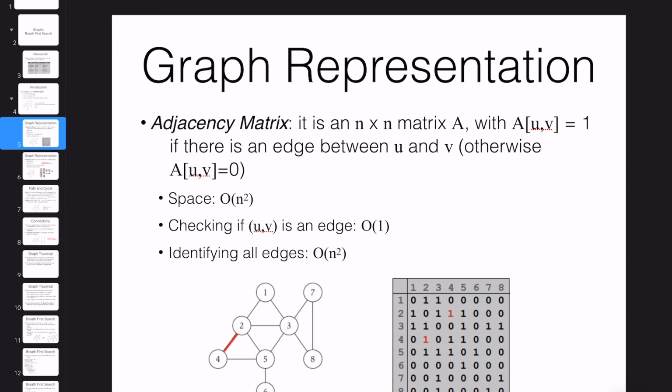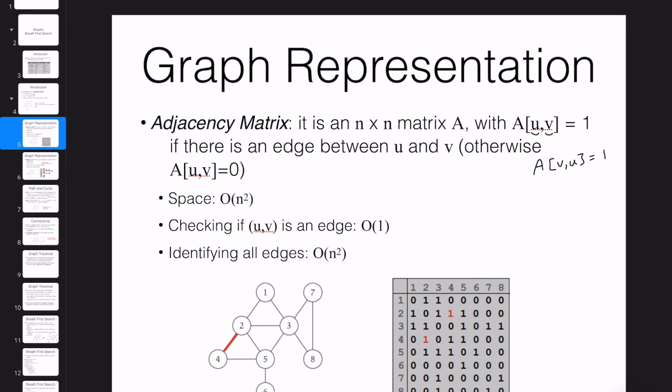For an entry at row U and column V, because this is undirected and unweighted, we represent it as 1, which means there is a connection from U to V. And because this is undirected, if the entry A[U][V] is equal to 1, then A[V][U] is also going to be 1.